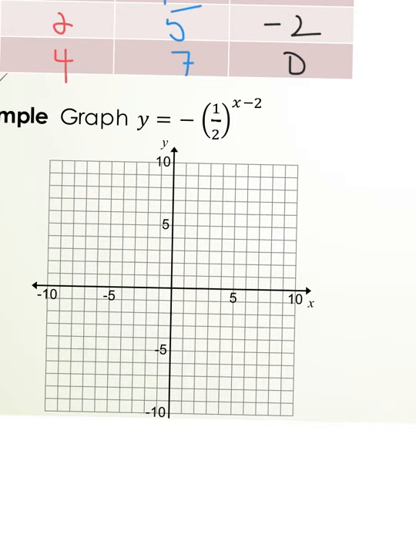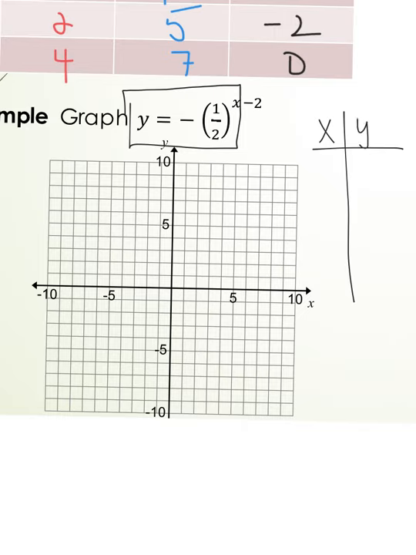In our next example, this is more like what you're going to have to graph in the future. First thing I would do is I would put a box around my parent function. And then I would make an xy table, just like we've done all year. I'm going to use -2, -1, 0, 1, and 2 as my x values. And then I'm going to plug them into the parent function, y equals -1/2 to the x power.